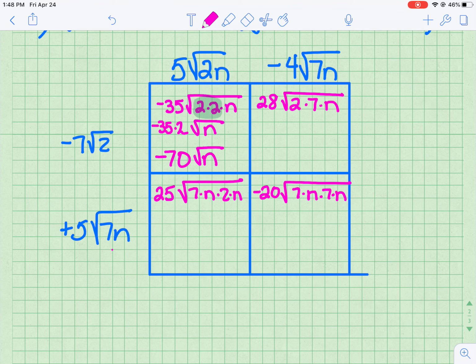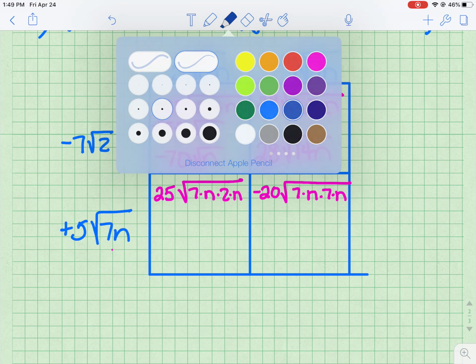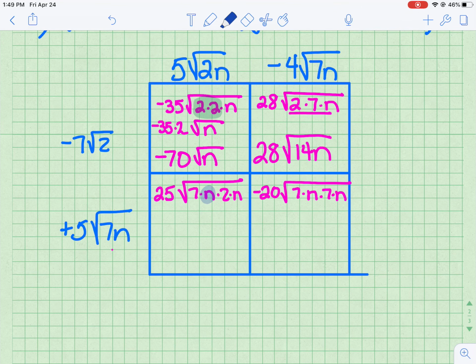In the next box, there's no escape. Nothing can escape here. So we're just left with 28 root 14n. In the lower left box, we have 2 n's, so they can make a jailbreak.